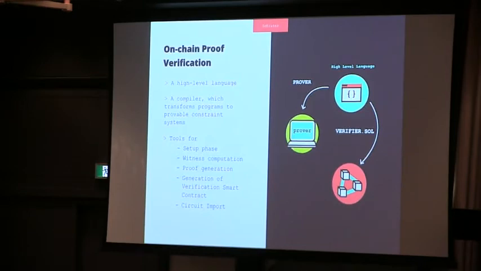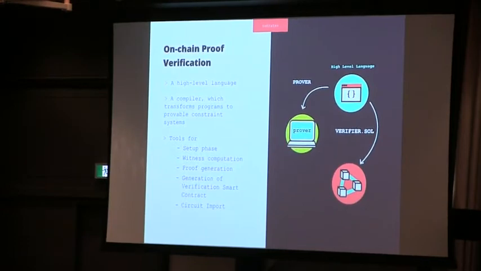The prover runs on the client, basically, to compute witness, so basically executing the program and generate proofs. Whereas the verifier is actually a Solidity smart contract that can be directly deployed to the Ethereum blockchain, and which can verify the proofs generated by the prover.